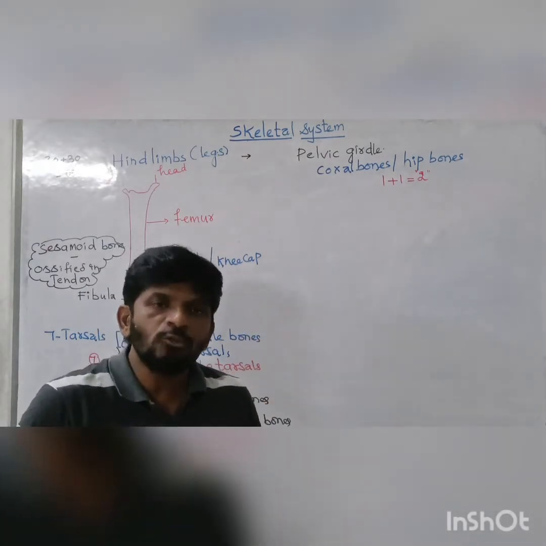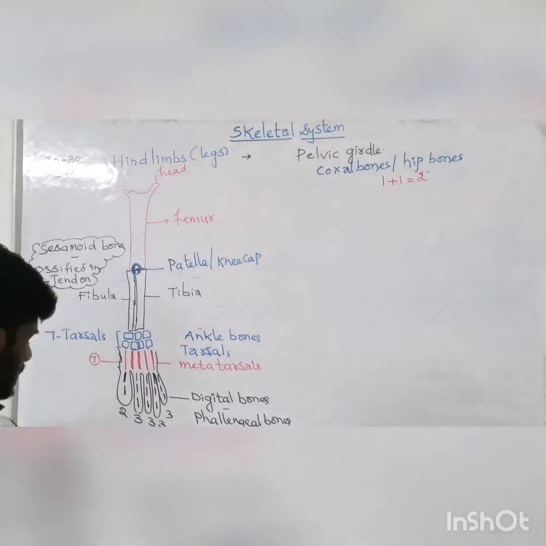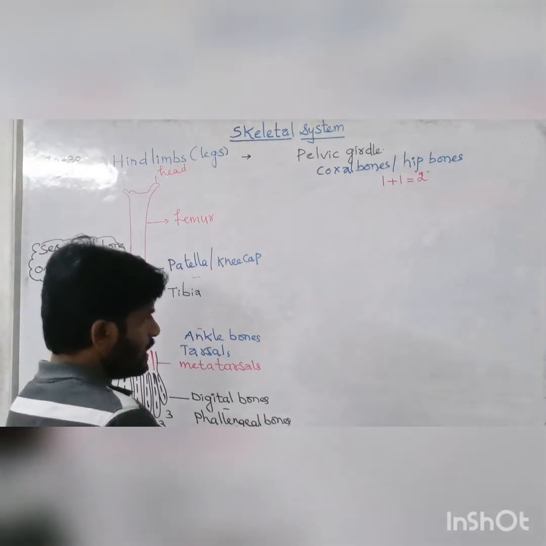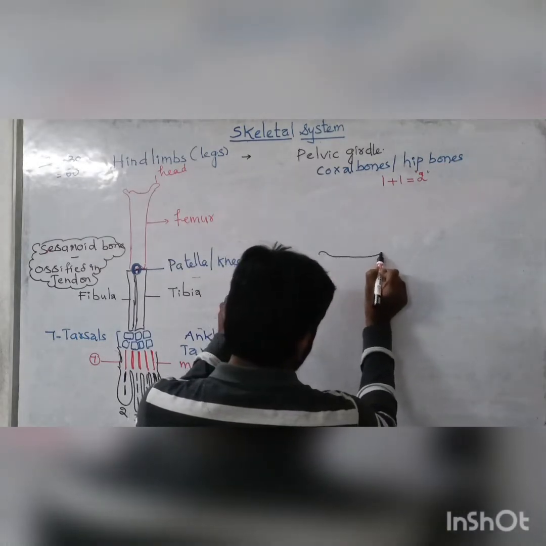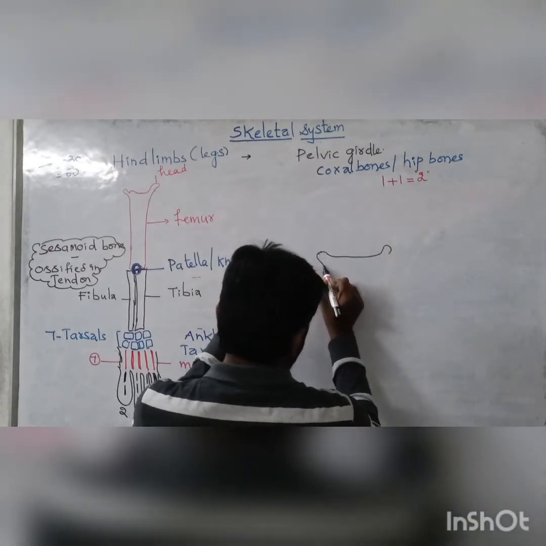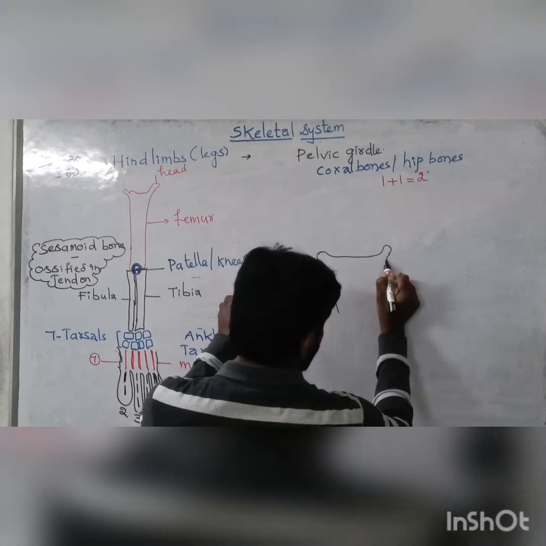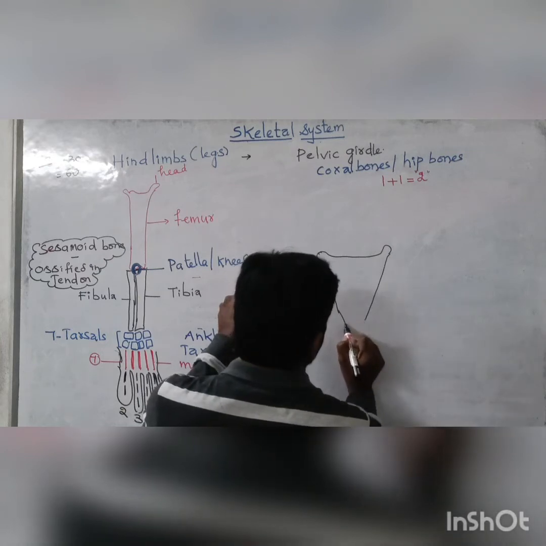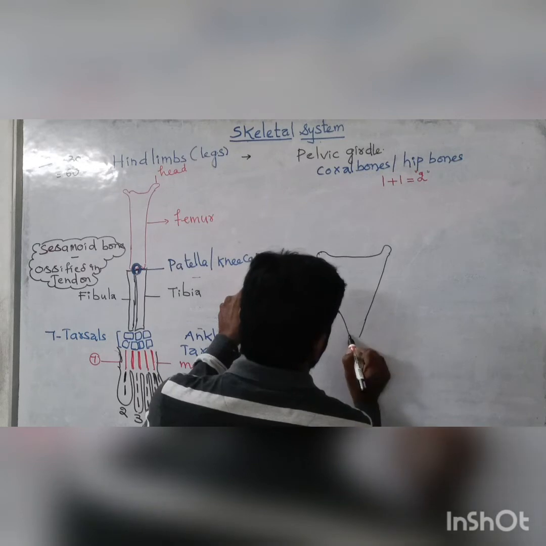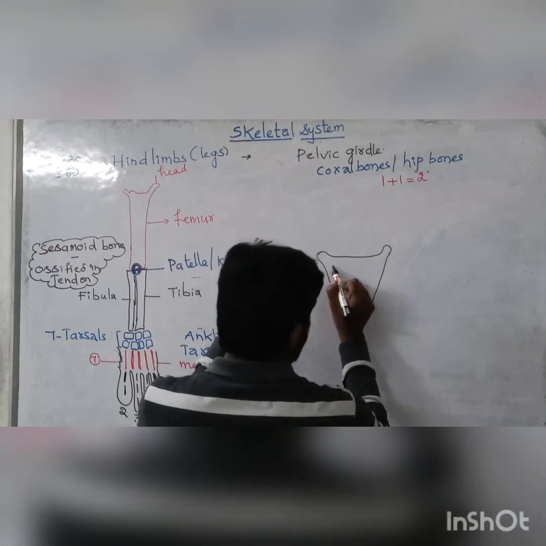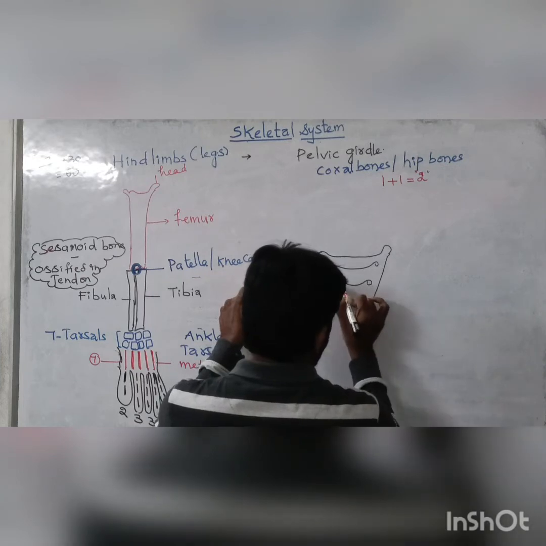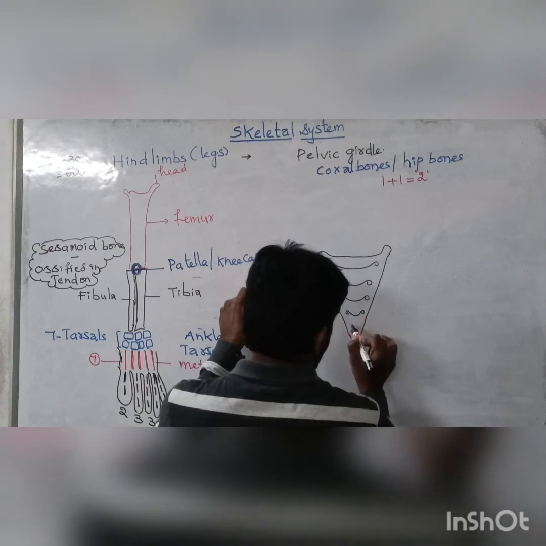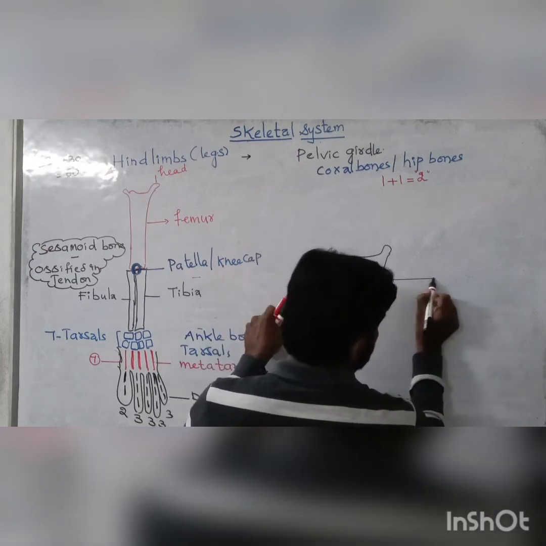1 plus 1 is 2. And the pelvic girdle, I draw the diagram of the pelvic girdle. This bone is the sacrum.